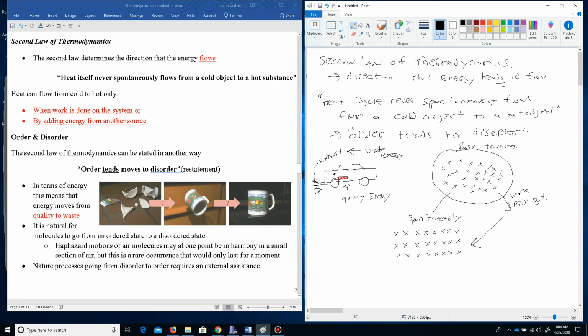And the biggest thing about this is it takes work to make a system be ordered, be quality. You know, cars, they break down, takes work to fix them. Houses, they break, takes work to fix them. People, our bodies, take work to get them up to standards.